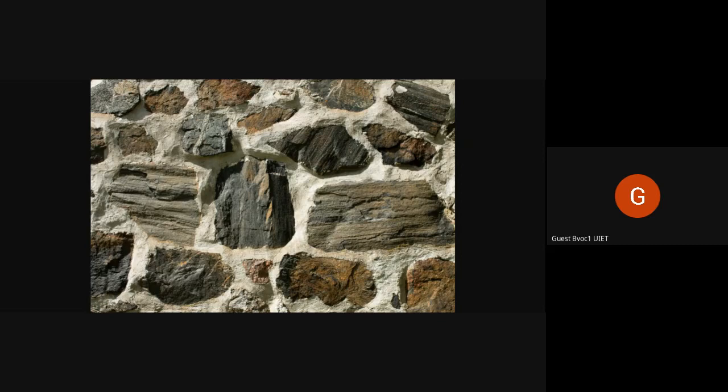There are three types of rocks. One is igneous rocks, sedimentary rocks, and metamorphic rocks. Igneous rocks are the ones that you find in volcanic areas.